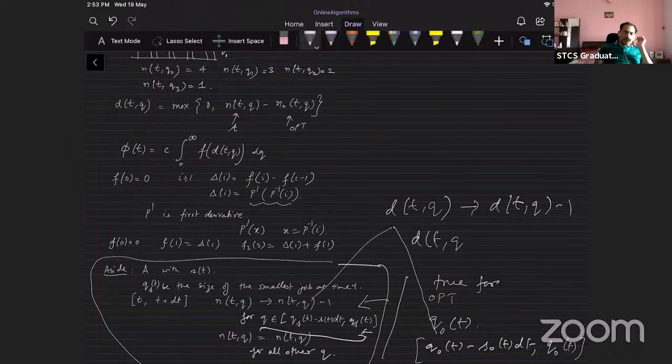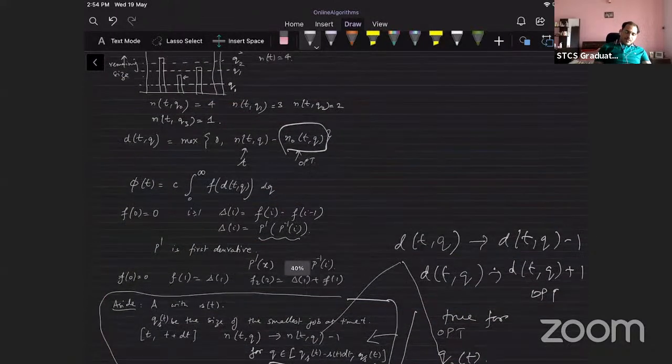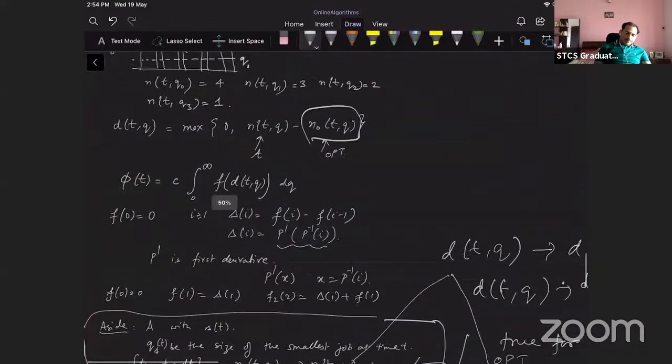Otherwise, D(t,q) goes to D(t,q) plus 1 for the OPT, because this is in the negative here. So N_0(t,q) is going to go down, so D(t,q) is going to go up. So in both cases, I should be able to write down the difference of phi of t and phi of t plus dt as some function of delta of i or minus delta of some i. That is what I want. So this is the intuition I want. We'll do this formally, everything.